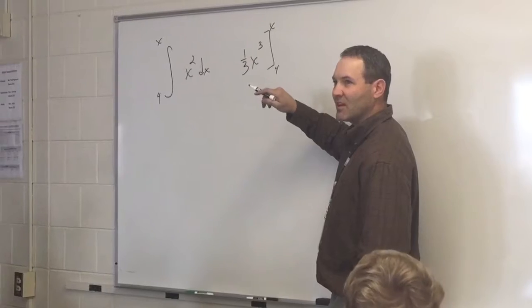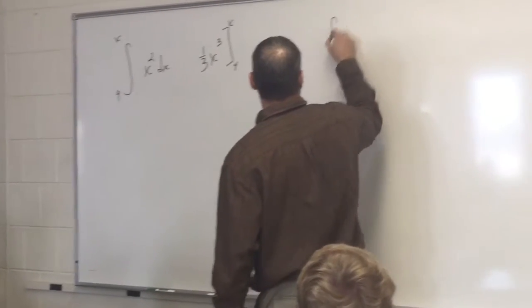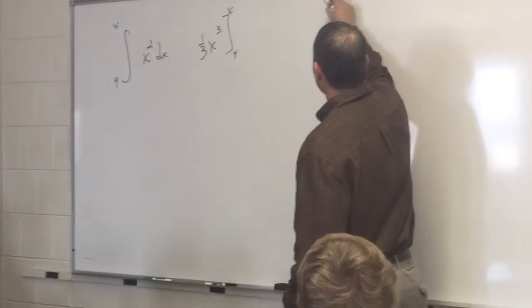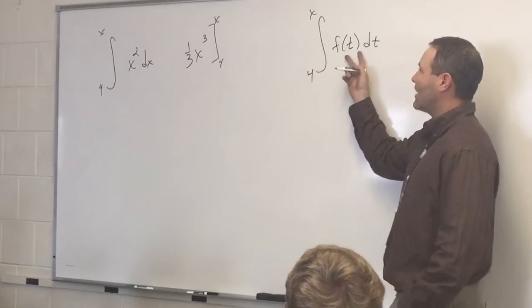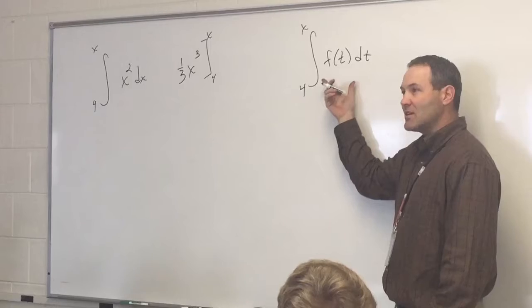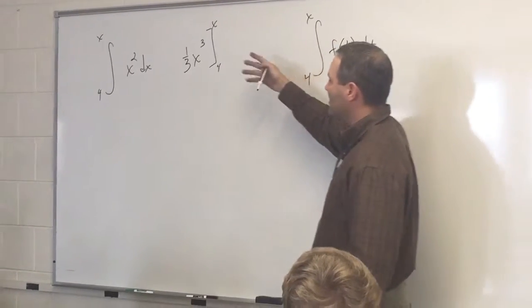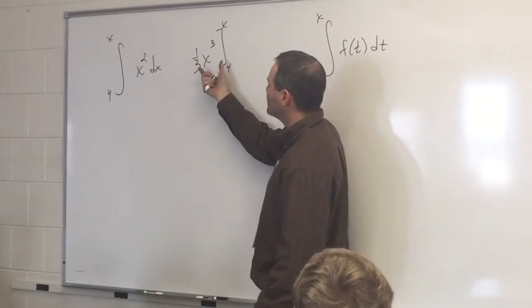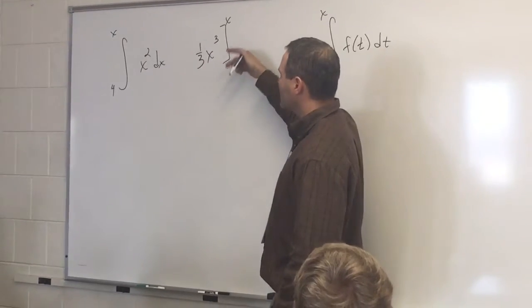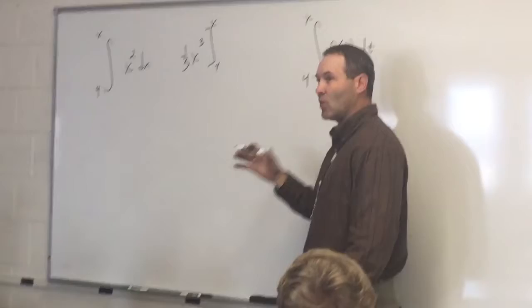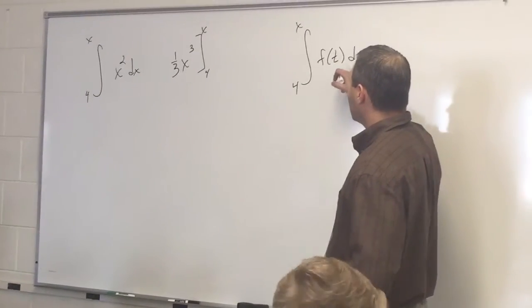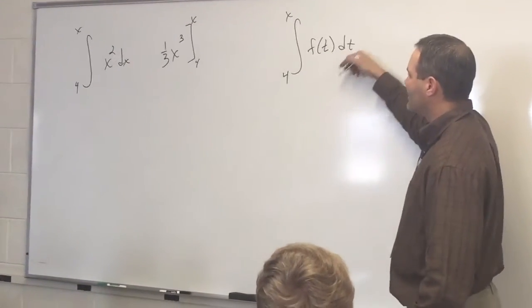No. In calc books, if you have something like 4 to x, you'll never have f of x down here. Generally, they'll do f of t. The reason they use t and not x is that you would be overusing the variable x. You can't have it in this part of the problem and in that part. You're replacing one x with another x. So this is the appropriate way to list it.